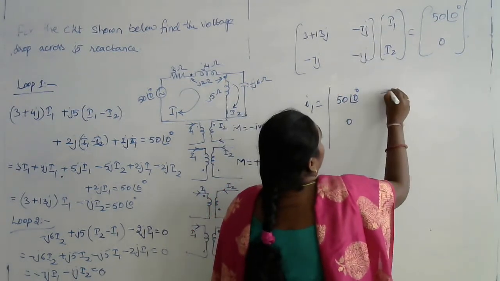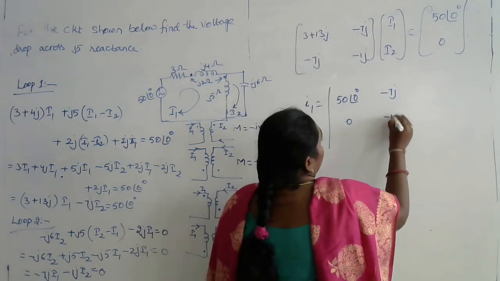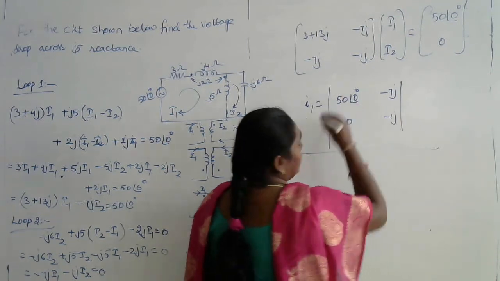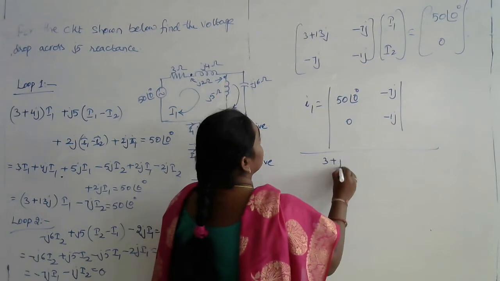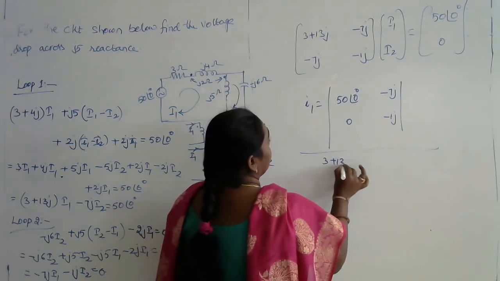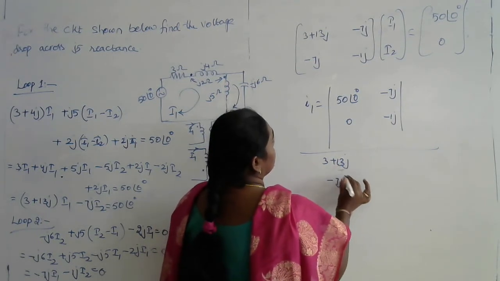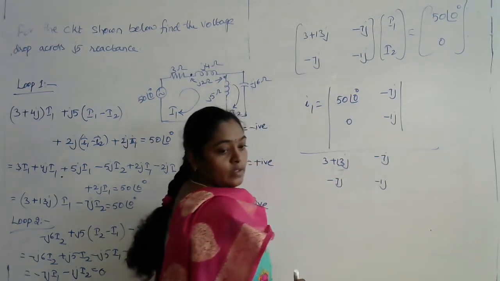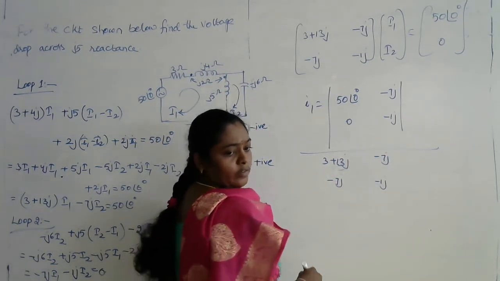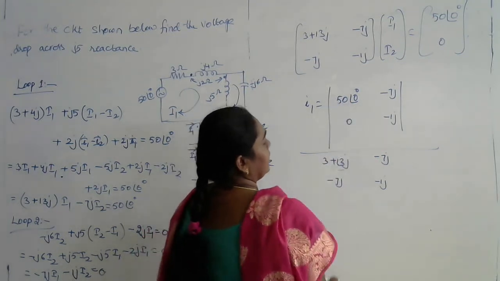Then followed by minus 7J, minus 1J, divided by the total value, that is 3 plus 13J, minus 7J, minus 7J, minus 1J. So here what we need to do is just cross multiply these two.